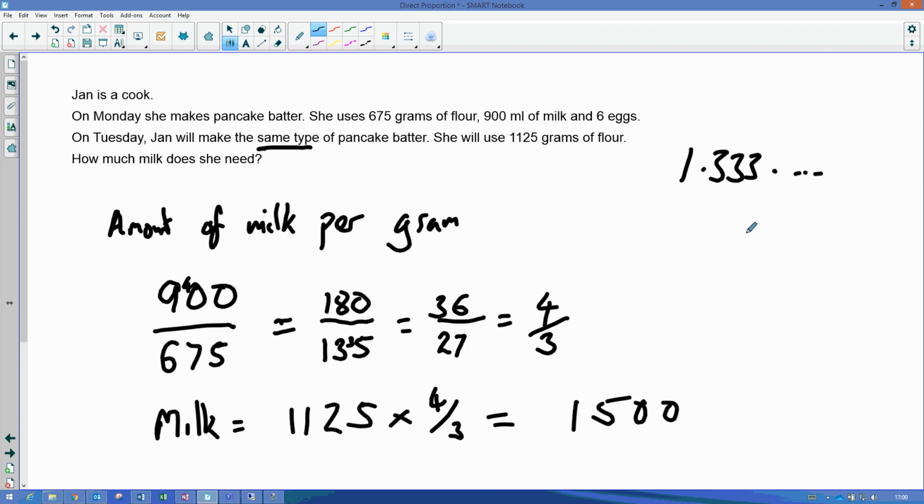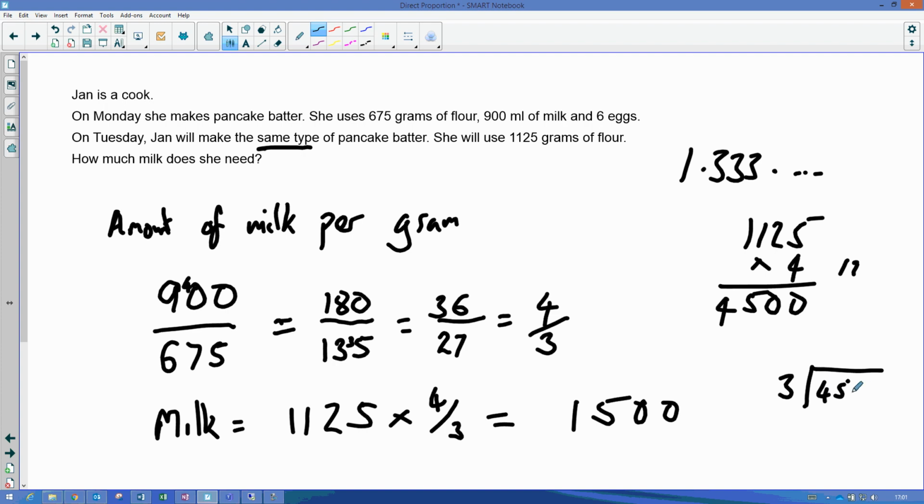And obviously, if it was non-calculator, you could do that times 4, 4 5s 20, 4 2s 8 plus 2 is 10, 4 1s are 4 plus 1 is 5, 4 1s are 4, and then we've got to divide this by 3, 4, 5, 0, 0. 3 into 4 goes once with 1 over. 3 into 15 goes 5. 3 into 0, and again. So that's where that answer came from if I wasn't allowed to use a calculator.